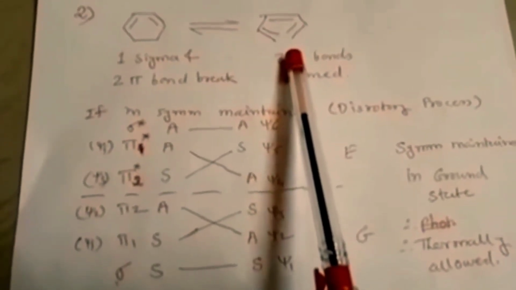Now this is the second example of an electrocyclic reaction. Cyclohexadiene is converted into hexatriene. During this conversion what happens? There is breaking of the sigma bond, that means there is ring opening, the sigma bond breaks, and there is breaking of these 2 pi bonds and thus formation of 3 pi bonds.